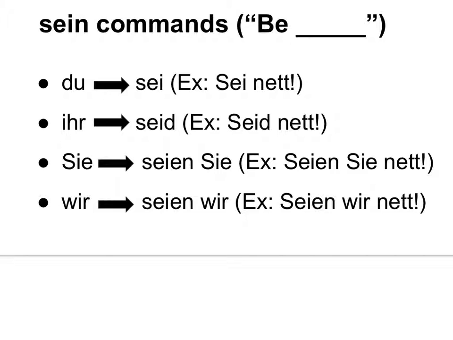Sei nett. It's a good phrase to know. If you're going to command more than one person, that one actually looks exactly like the conjugation for ihr. So seid nett. And the wir form and the Sie form, both are sein. So you'd say seien Sie nett or seien wir nett.